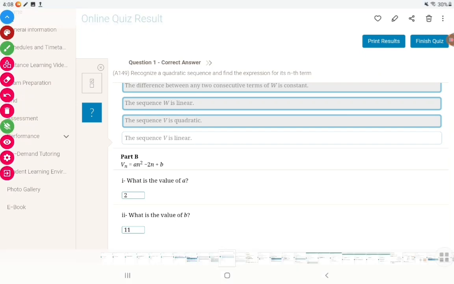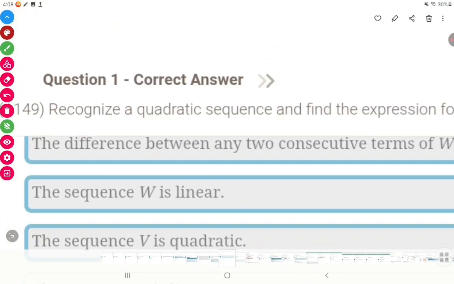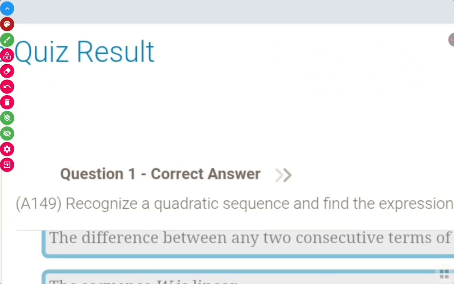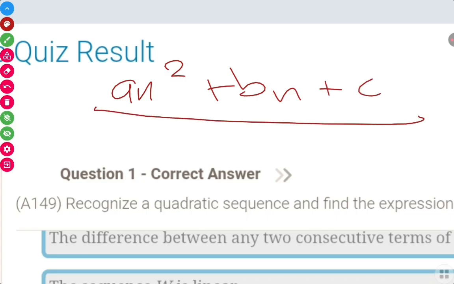Okay, to find the general rule for a quadratic function, it is an squared plus bn plus c. That's why it's called quadratic, because its general term is the quadratic formula.